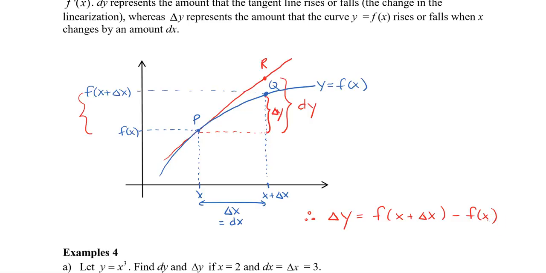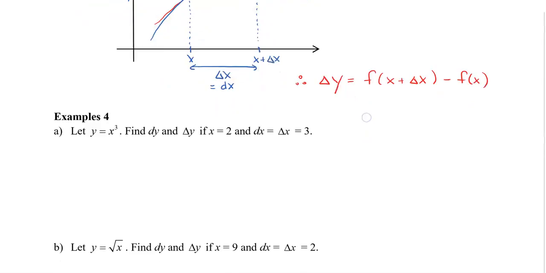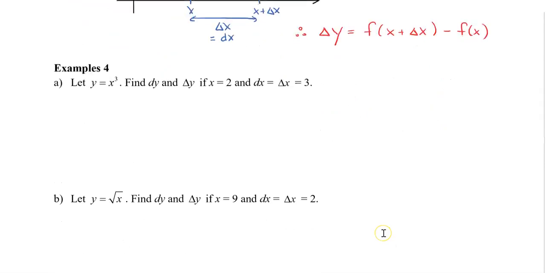So let's take a look at an example. Let's say that we have y equals x cubed. Find dy and delta y if x equals 2, and dx is equal to delta x, which is equal to 3. Finding dy is not that difficult.